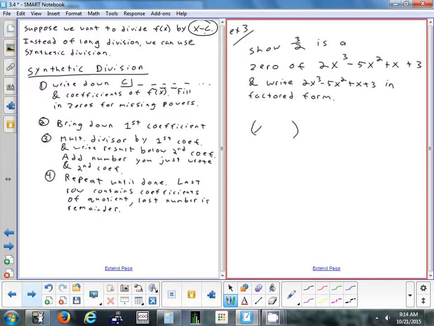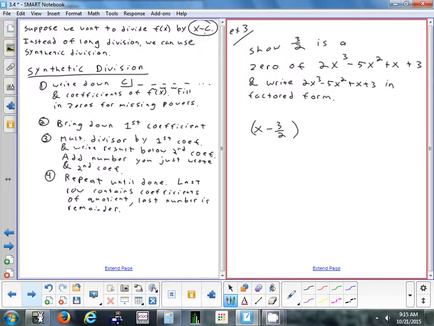What we're really going to show is that this is a factor. That's the same thing as showing this is a root. Remember that list of like 5 things I wrote? They were all equivalent. If C is a root, C is a 0, C is an x-intercept, x minus C is a factor. So this is what we're really going to show.